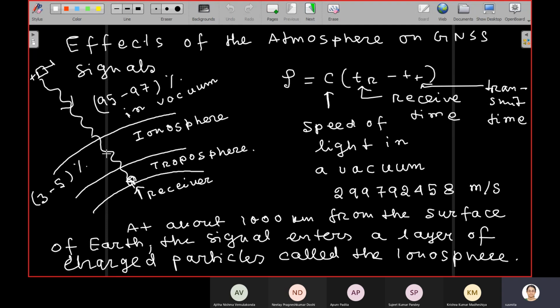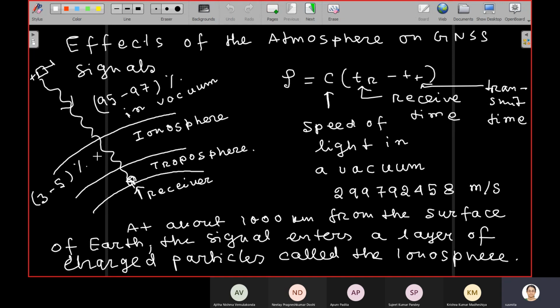Then at night, there is no ultraviolet radiation, so ions and free electrons recombine, and this reduces the electron density further. Now, depending on the electron density, the ionosphere is further divided into 4 sublayers, D, E, F1 and F2, and the electron density also varies in these layers.